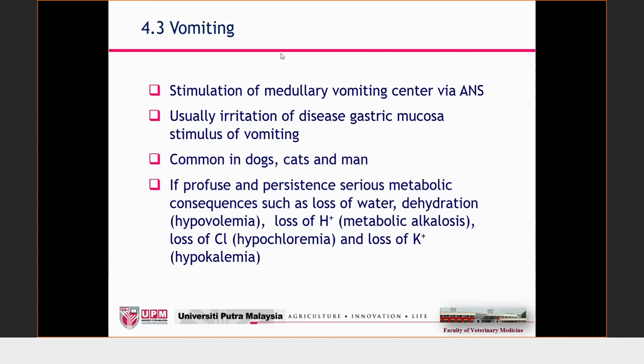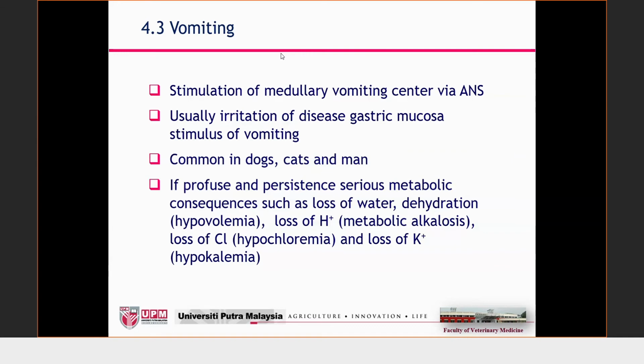If profuse and persistent, there are serious metabolic consequences: the animal might lose a lot of water and become dehydrated or hypovolemic, lose hydrogen ions, leading to metabolic alkalosis, lose chloride, causing hypochloremia, and lose potassium, causing hypokalemia.